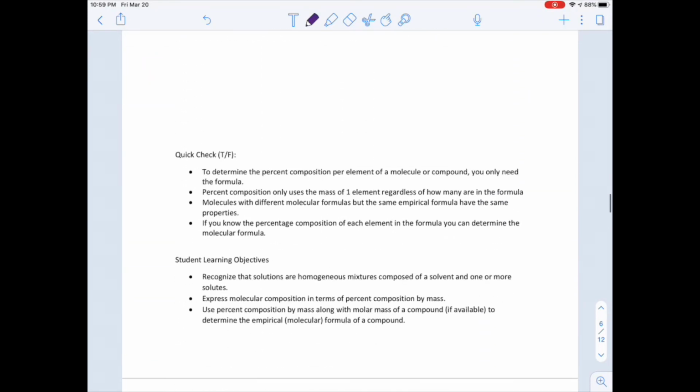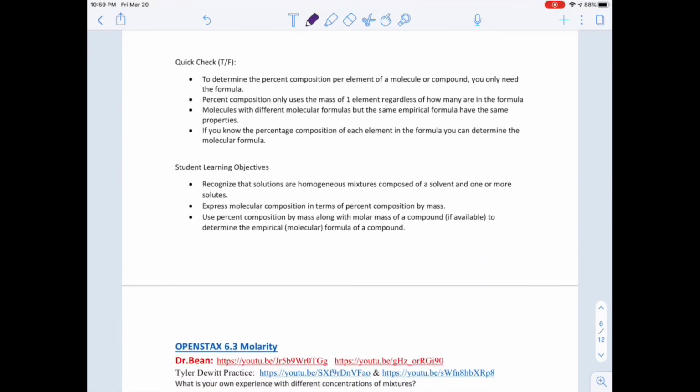Last little bit is that in the review, just to check yourself, to determine the percent composition per element, so percent composition was the first math we did, you only need the formula. And that's totally true. You only need something like C4H8 to figure out that you need 4 times the mass of carbon over the full mass times 100%. It's just the element, and the percent composition uses the mass of one element regardless of how many are in the formula.